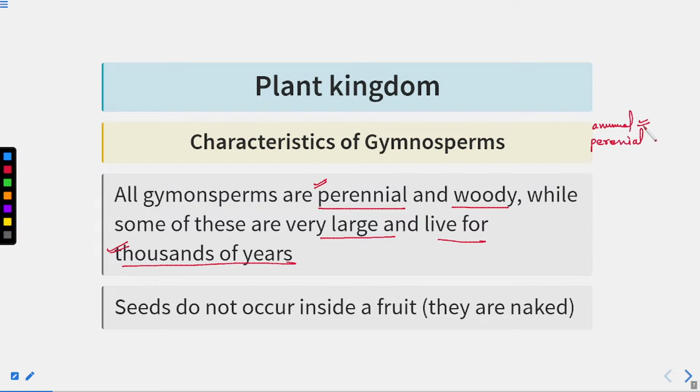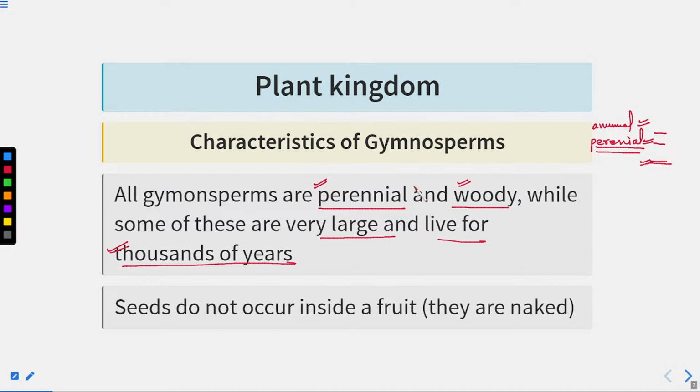The annual plant completes its life cycle in one season or a year, whereas the perennial plant's life cycle continues for more than a year. So there will be a vegetative growth phase, then a reproductive phase, then a strong woody phase.